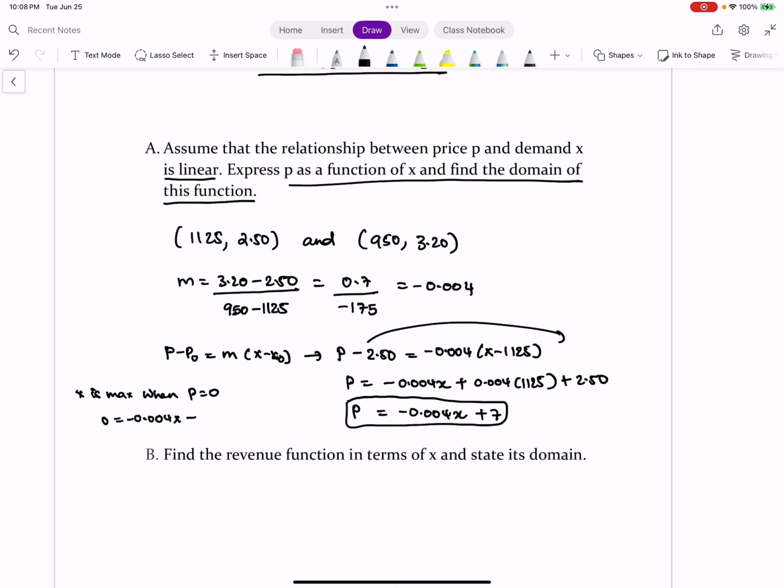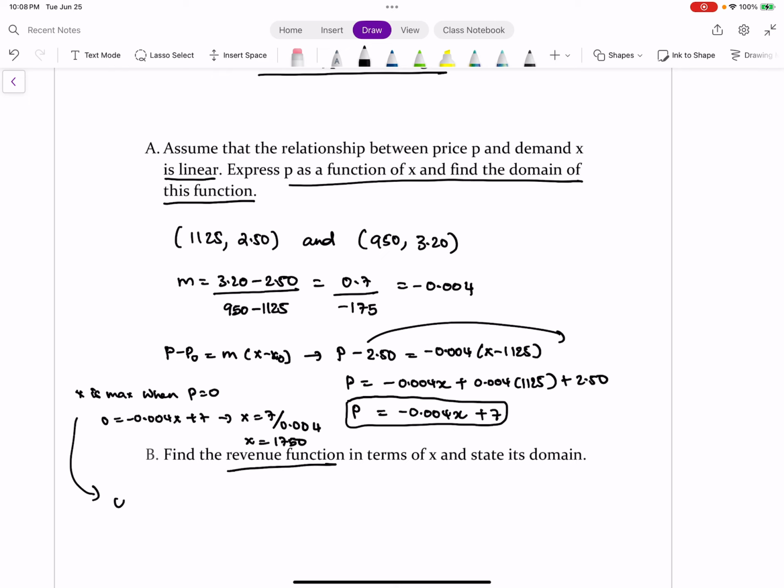This means x is equal to 7 over 0.004. So use your calculator. 7 over 0.004 is 1750. So x should be, it works also for the domain of the revenue function.